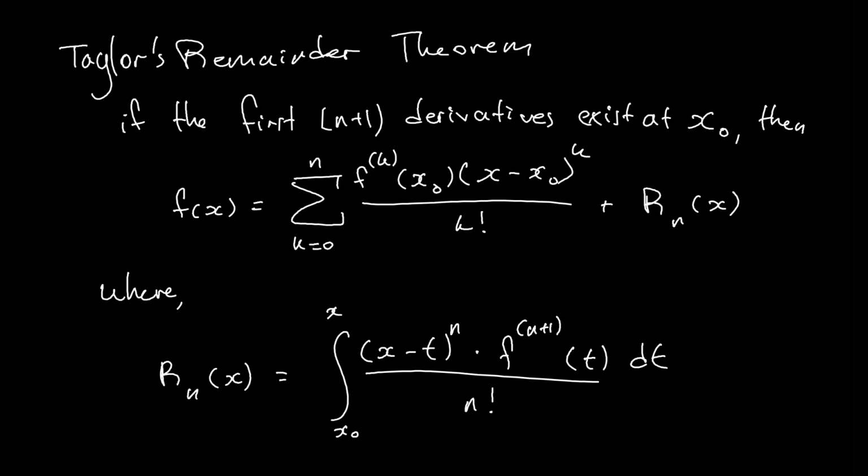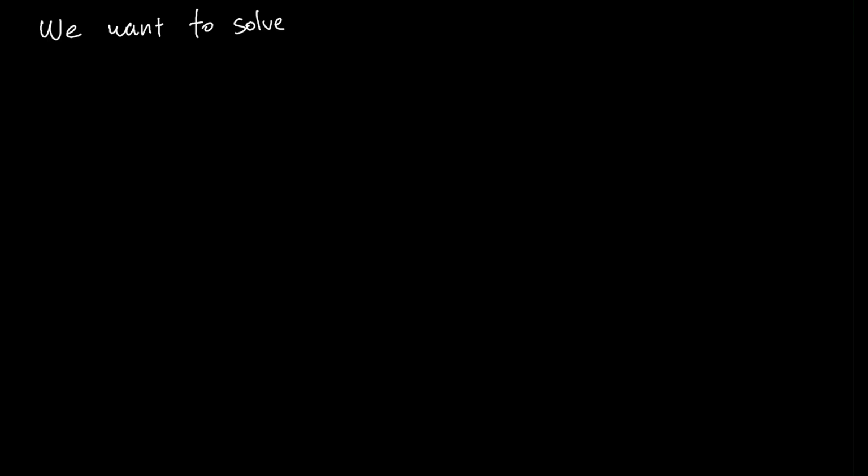Next, this can't really be computed, but it's going to help us determine an upper bound for the error. Now we want to solve for the upper bound of the absolute value of R n of x, which will give us how far off or how good our approximation is.